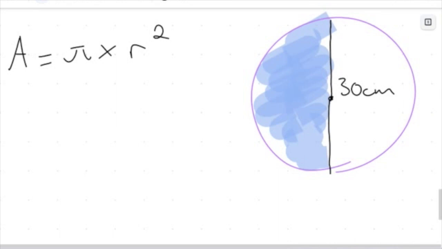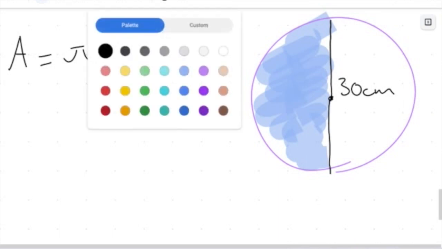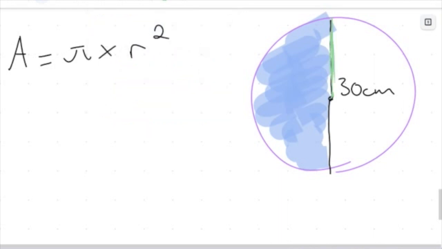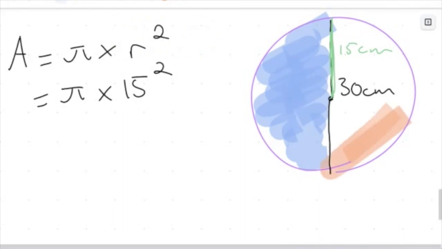So my radius from, say, here to here is 15 centimeters. So I'm going to do pi times 15 squared, and that's going to give me my whole pizza, right? That's going to give me my entire portion here.